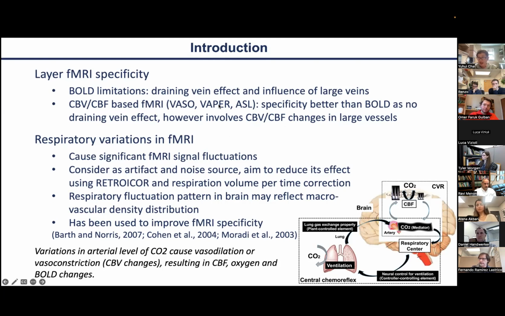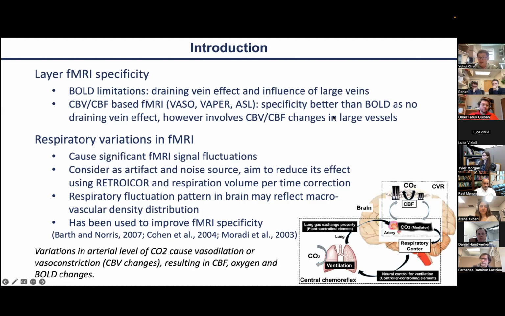So if there's any intravascular contrast change in large vessels, you are still sensitive to it. And if you are using ASL, unless your post-labeling delay time is perfect, which is very difficult because different brain regions have different arterial transit time, ASL may also have more or less some contributions from large vessels.